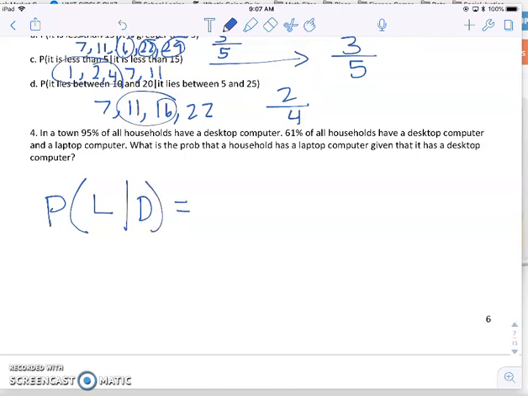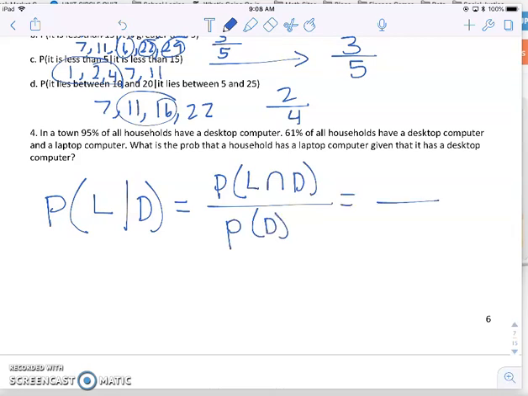Well, our definition of conditional is the probability that you have a laptop and a desktop over the probability that you have a desktop. So our probability of a desktop is 0.95. The 61% of all households have a desktop and a laptop, so that'd be 0.61. So we have 61 out of 95.